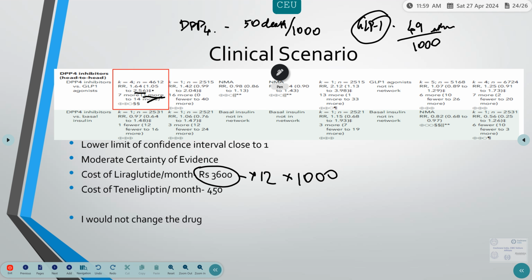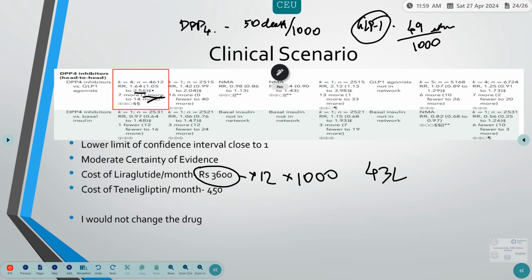You treat them for 12 months, and you treat 1,000 such patients. That is 43 lakhs. If you invest 43 lakhs, you can prevent one death from diabetes in 1 year.